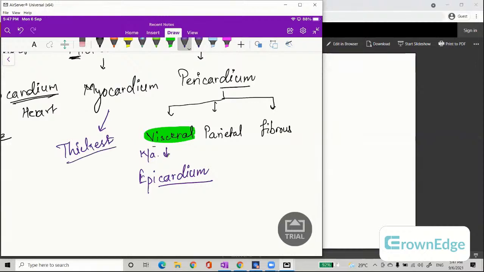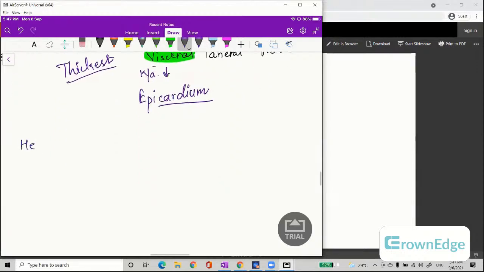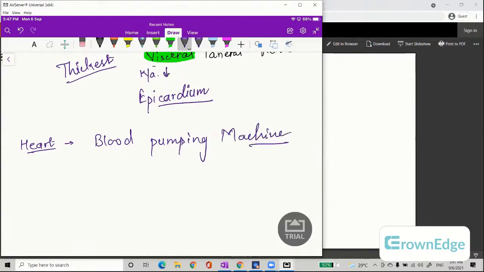Why? Because heart is like a pump, right? So you must have heard the Hindi songs, Mera Dil Ye, Mera Dil Wo. This is nothing but a blood pumping machine. As a medico, if somebody asks you what is heart, what are you going to say?